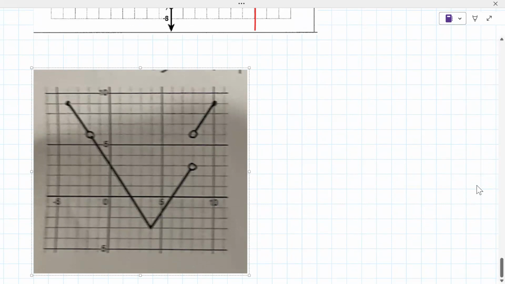Okay, what's the x value that you're thinking of? 4. You're talking about down here. Yes. So maybe not wrong.